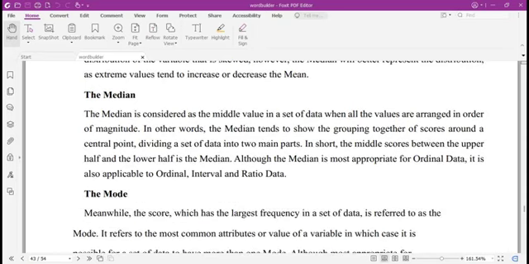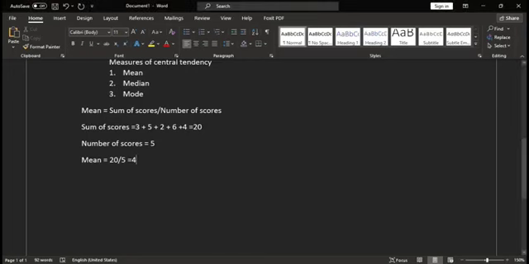Okay, let's take a little example again on the median. Let's just take different figures. Let's say 6, 1, 2, 3, 4.